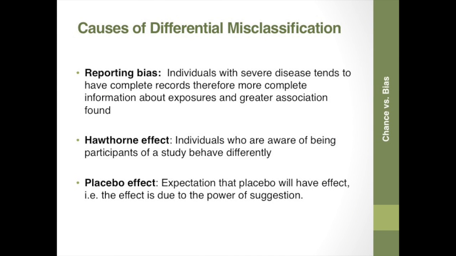Some causes of differential misclassification include reporting bias, meaning that individuals with more severe diseases have more complete records, a Hawthorne effect, individuals who are aware of being participants of a study behave differently, or placebo effect, which is the expectation that placebo will have an effect.